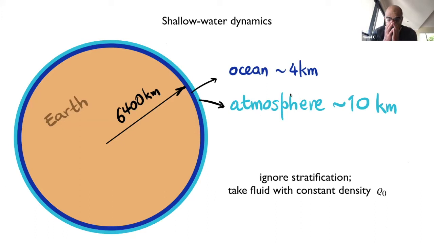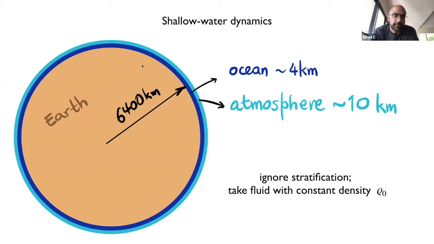So my starting point will be what's called the shallow water equations. In a very good approximation, the atmosphere and the ocean are a very thin layer of fluid on top of the Earth.